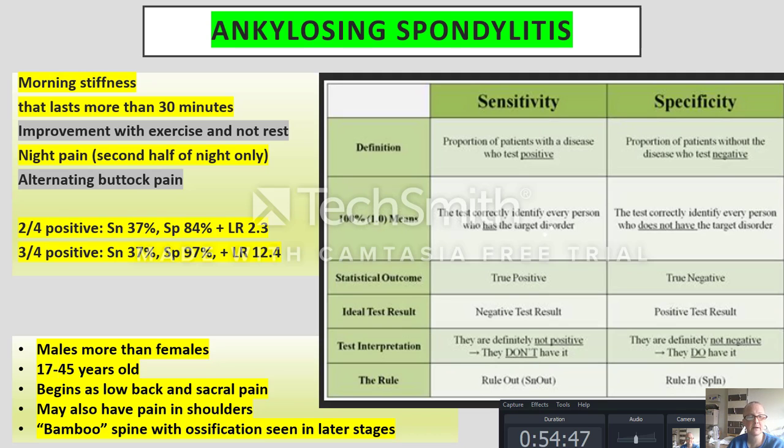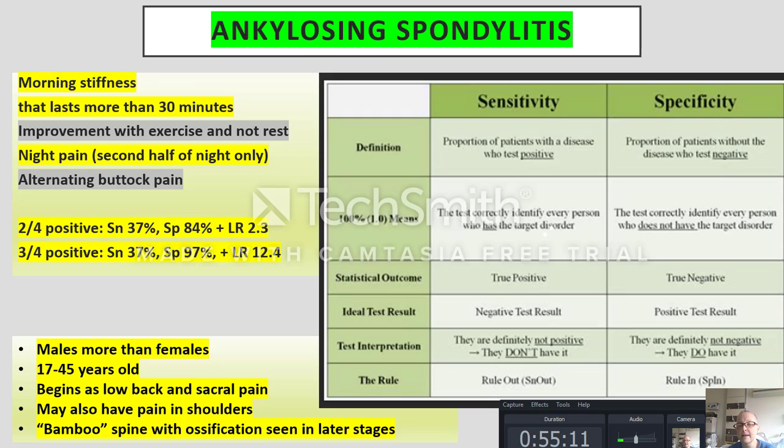So morning stiffness that lasts more than 30 minutes, an improvement with exercise, not with rest, night pain, second half of the night only, and alternating butt pain. So two of four are positive.